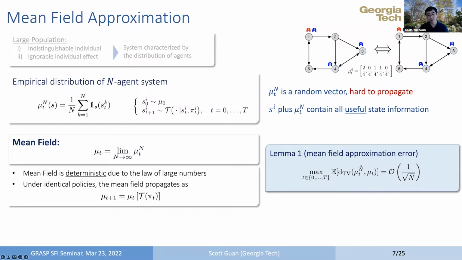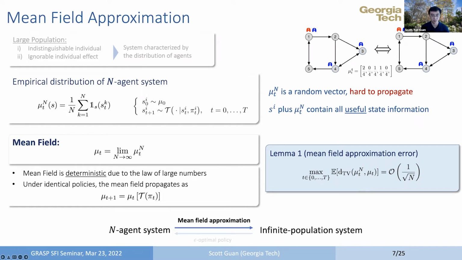In other words, we can approximate the behavior of the finite population with the behavior of an infinite population. So now we have established the results for approximating this finite population with an infinite population. Next, we will see how we can find the Nash equilibrium for the infinite population system.